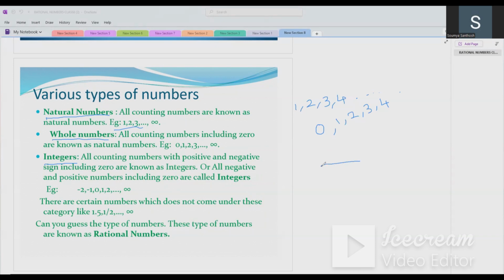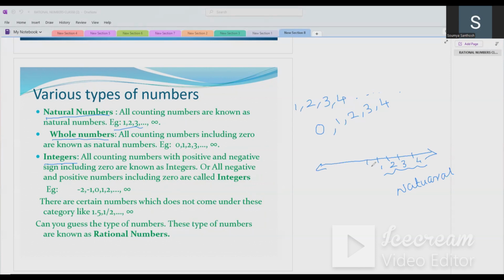So, if you see a number line like this, correct? The counting numbers will start 1, 2, 3, 4, etc. These are called natural numbers or counting numbers. Yes or no? Yes.